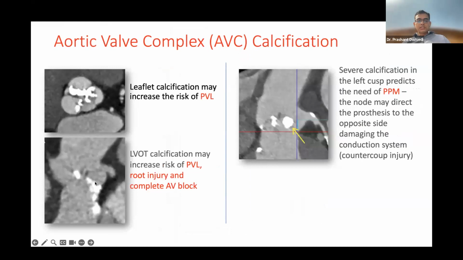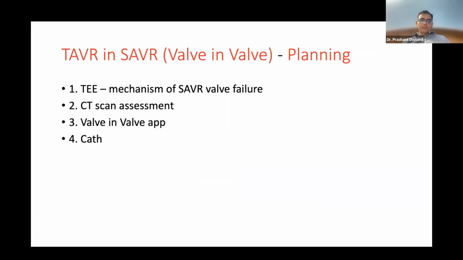We need to understand if calcium is extending to the LVOT, because it may risk PVL, it may risk root injury, or it may increase the risk of complete AV block. There are certain types of annular calcium which may risk annular rupture. So the patient may die on the table if anything happens. That's why we need to understand how the calcium is distributed across the anatomy.